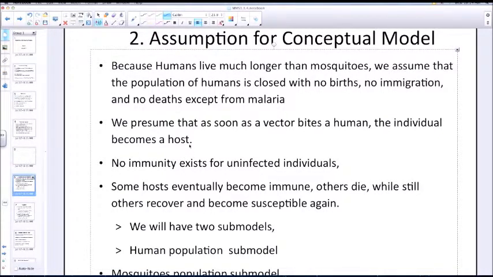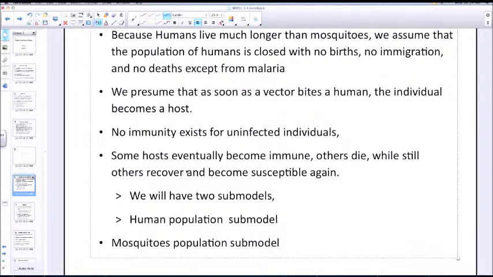And the second, we assume as soon as the vector bites the human, the individual will become a host. And no immunity exists for the uninfected individuals, which means everybody will get the disease once bitten by the vector.